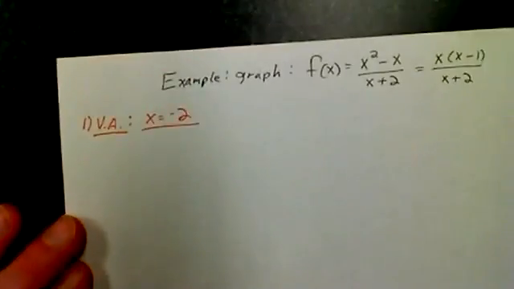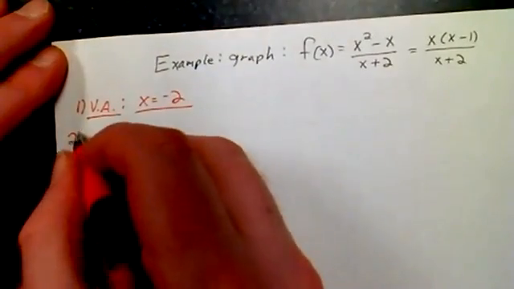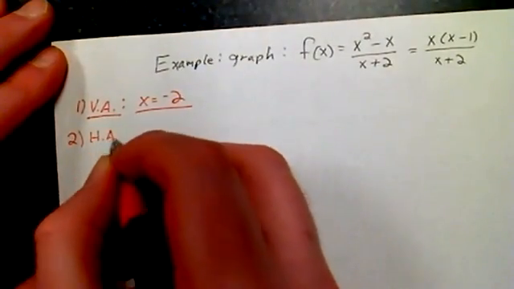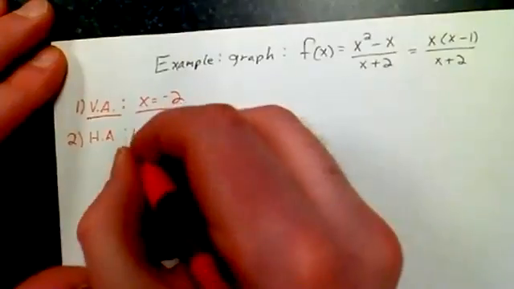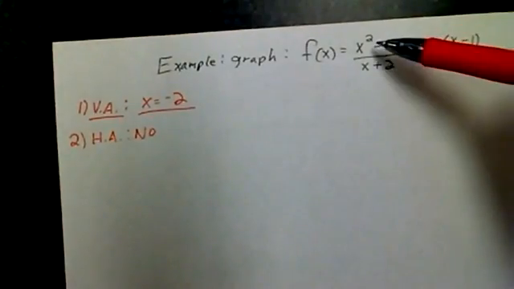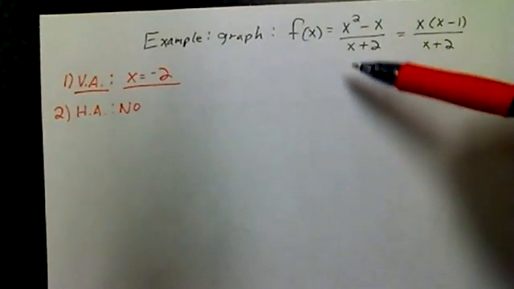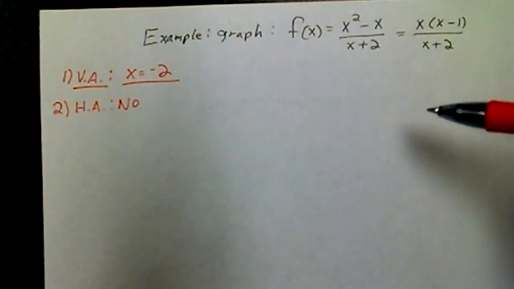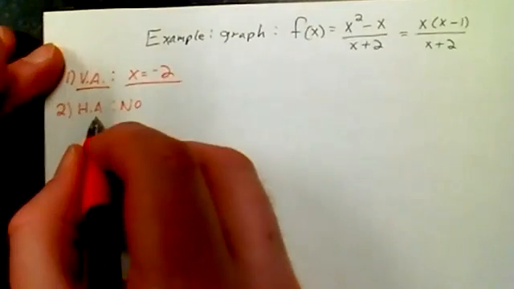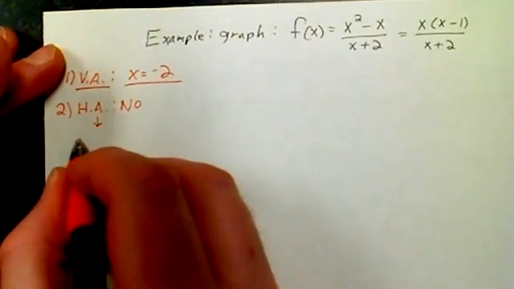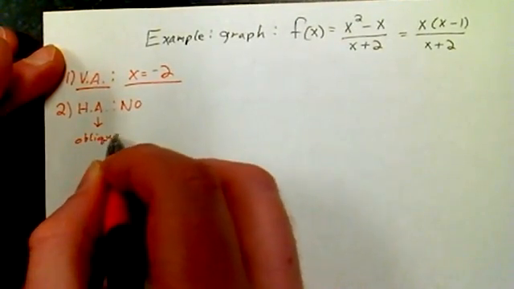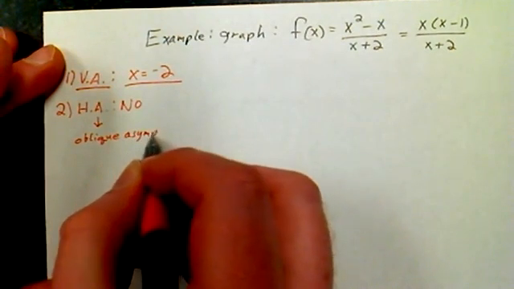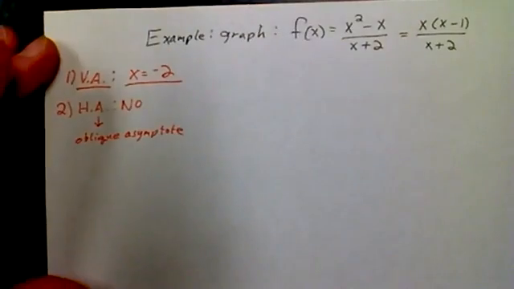No big deal. Next question I have is, do we have horizontal asymptotes? The answer is no, right? They aren't the same degree up top and down low, and the bottom isn't higher, but I do have an oblique asymptote. Okay, I do have an oblique asymptote.